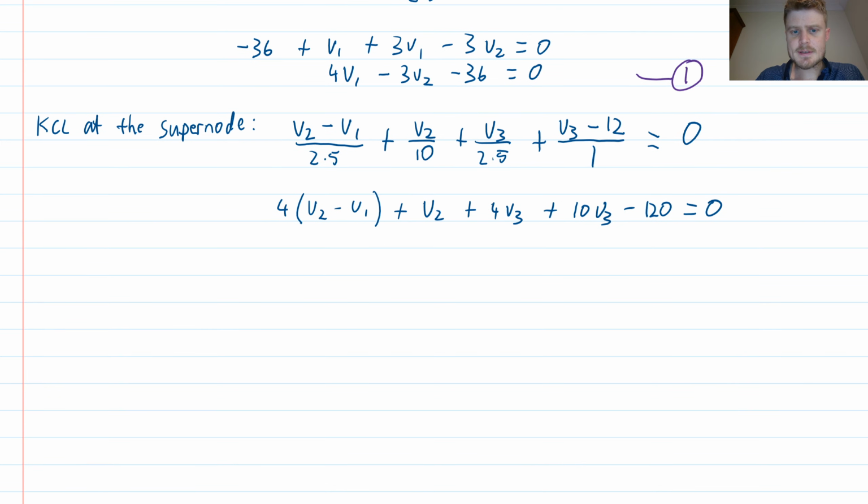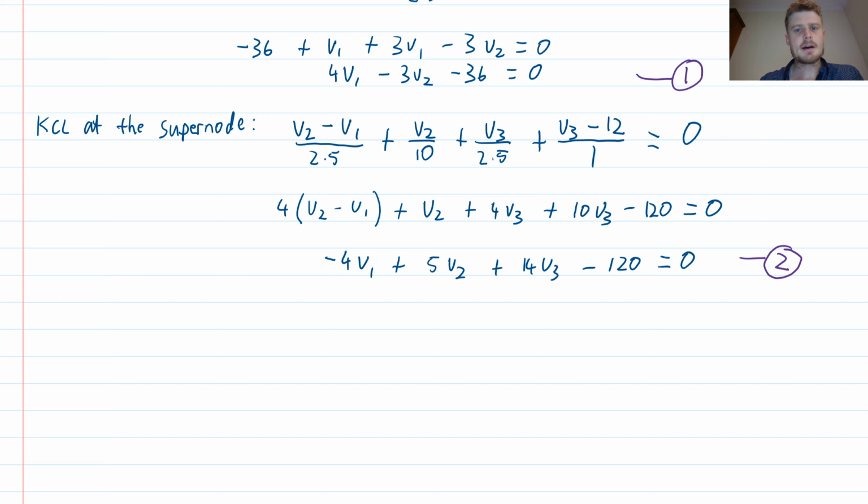And we can clean it up just a little bit more. So I'll have minus 4 V1 plus 5 V2 plus 14 V3 minus 120 is equal to 0. And so that gives me equation number 2.